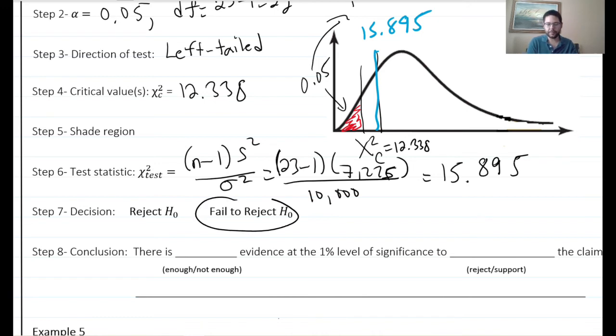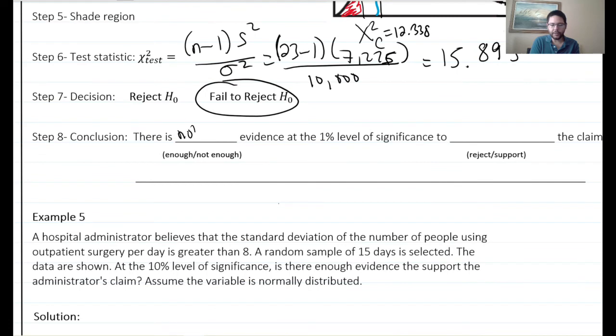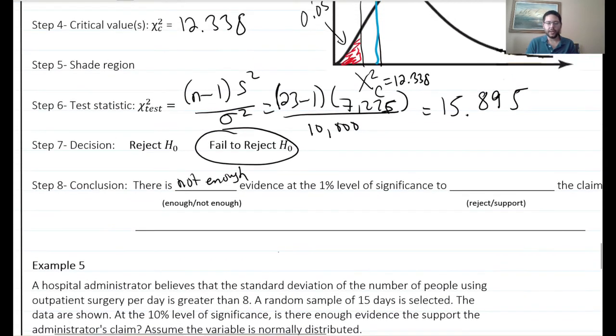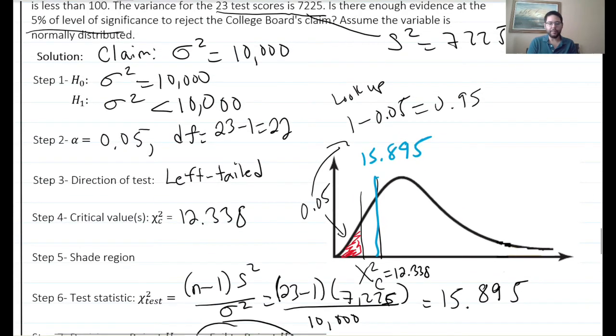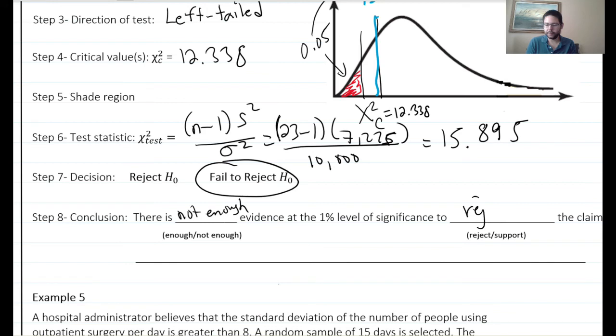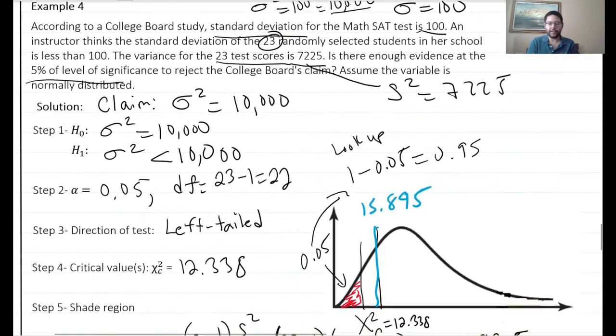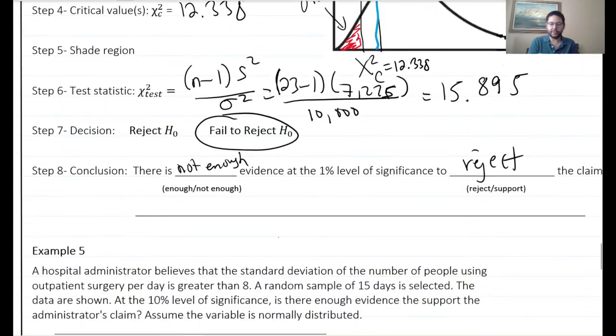There is not enough evidence at the 5% level. Now, our claim belongs to our null hypothesis, so we use the word reject: there is not enough evidence to reject the claim that the standard deviation of the math SAT test is 100.